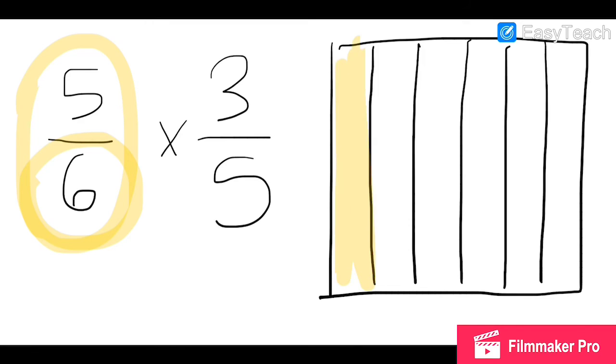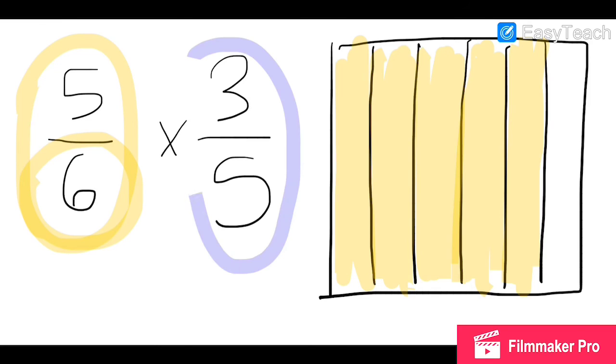Here's 1, 2, 3, 4, and 5. So 5/6 is shaded. Now I can begin focusing on that 3/5. Again, I look at my denominator and know I need to split what I already have into 5 pieces.